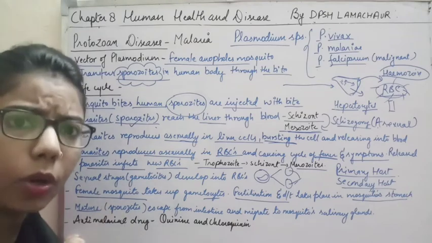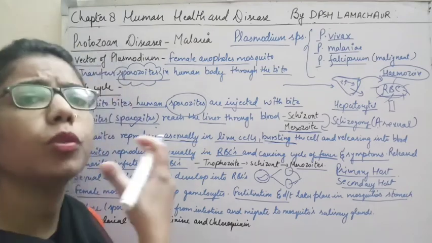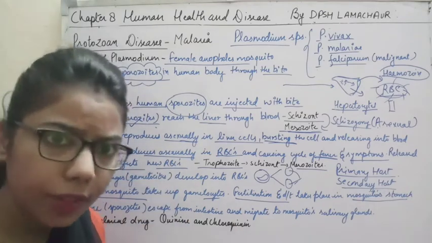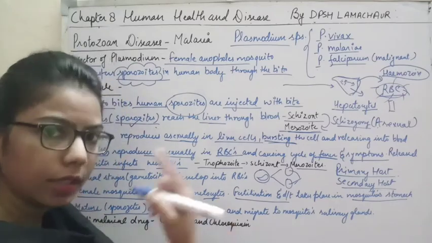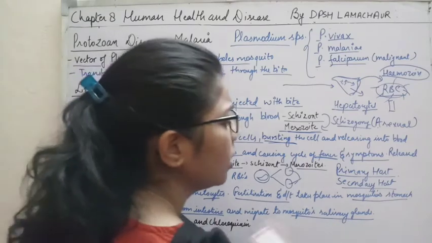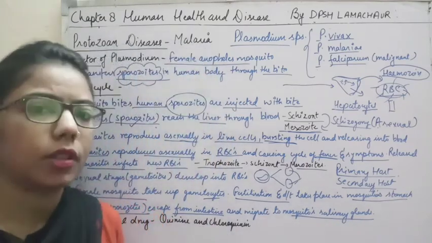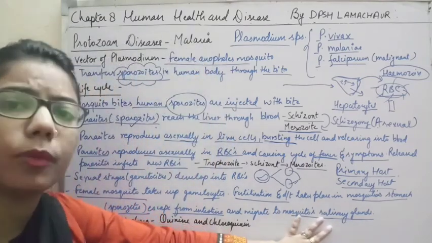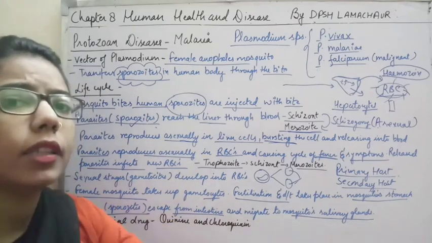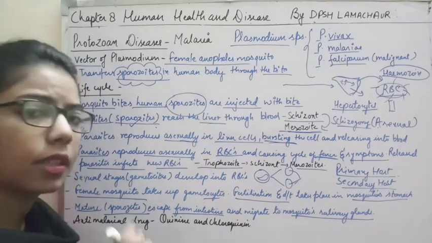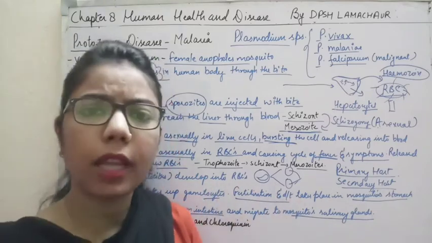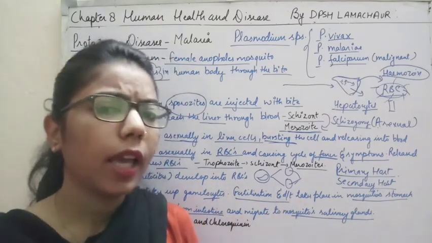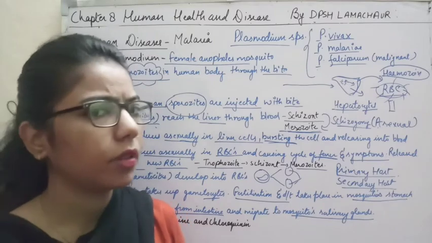From the midgut or stomach, it will move towards the mouth where the salivary glands are present, and the sporozoite escapes from the intestine and migrates where? Into the salivary gland of the mosquito. And again when this mosquito bites a healthy person, the person gets infected with the same sporozoite. So like this the life cycle goes on, and they keep infecting people.